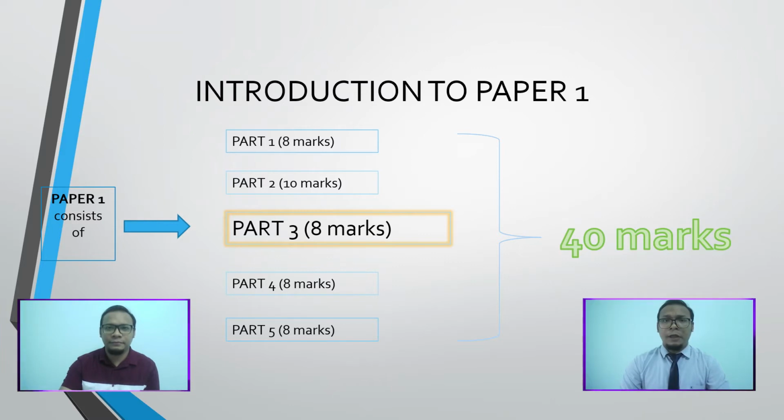Part number 1, 8 marks. Part 2, 10 marks. Part 3, 8 marks. Part 4, 8 marks. And Part 5, 8 marks. And it will bring to a total of 40 marks. And today we are only going to focus on Part 3, which contains 8 marks.